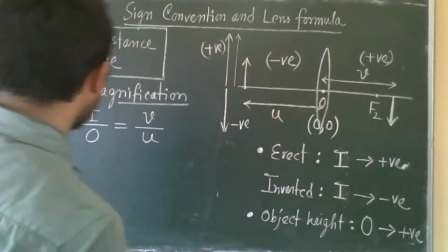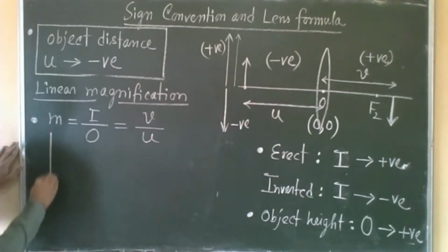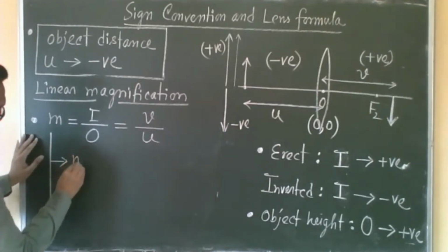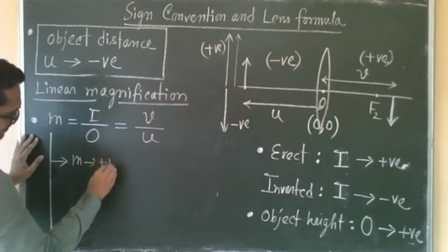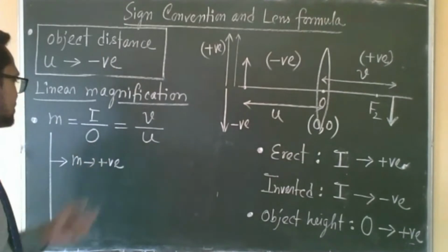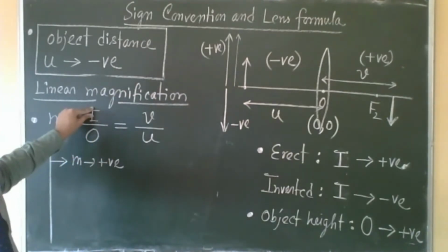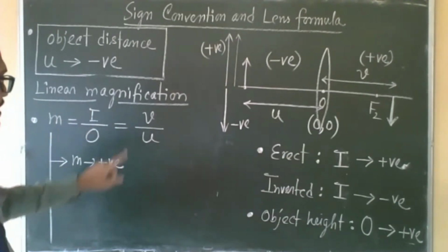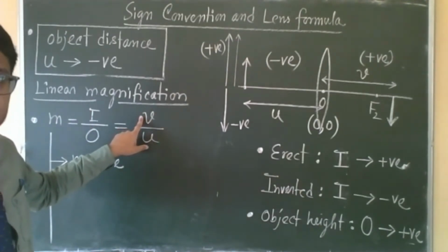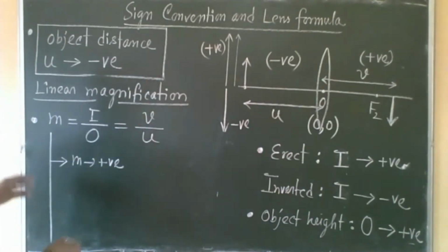Okay, now come to the symbol, a sign. Now if magnification is positive, magnification is positive means object height is always positive, so image height will also be positive. Okay, u is always negative, that means v is also negative. So in which kind of image you will get all those situations?